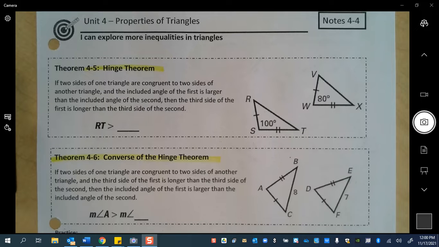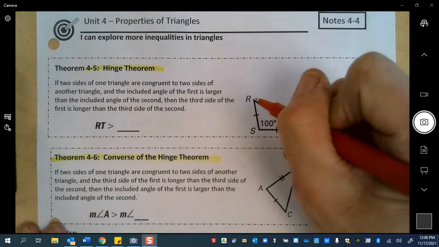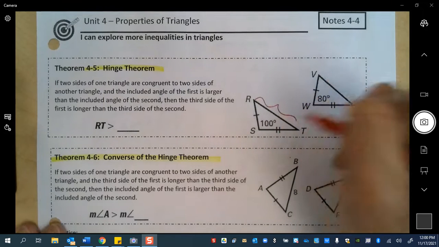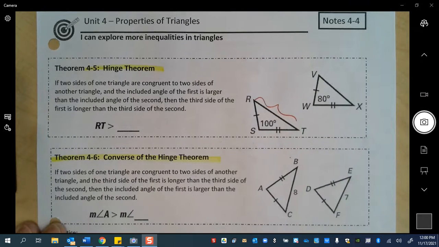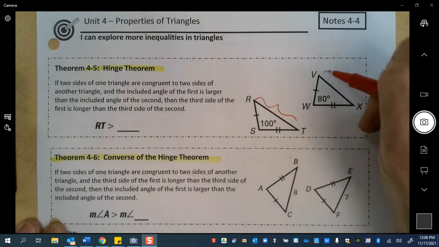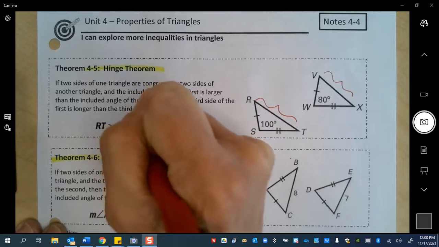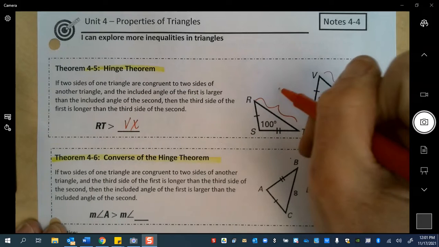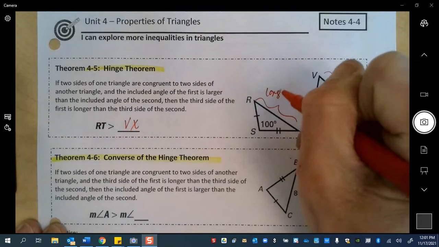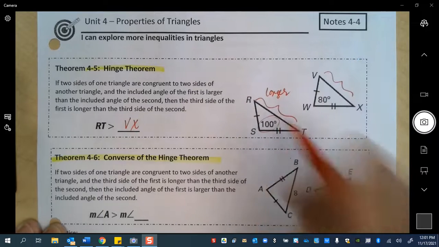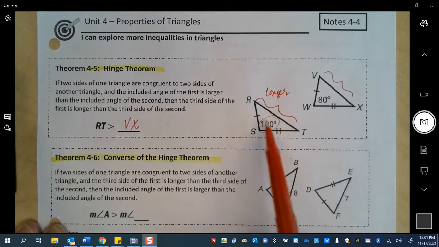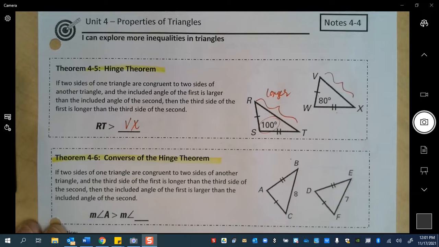We include the hinge theorem and its converse because we have to, and we want to remember its name, and we're going to be tackled with problems where you wonder, wait, how do I know that's true? I know that the distance from R to T has to be greater than the distance from V to X. This is longer because this is larger, and these 2 sides are congruent.